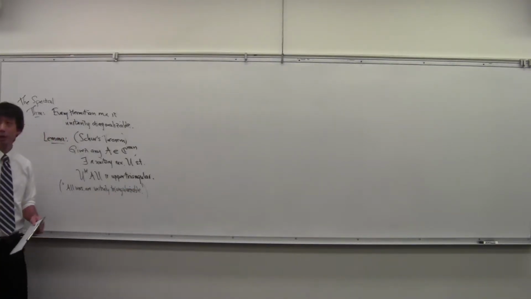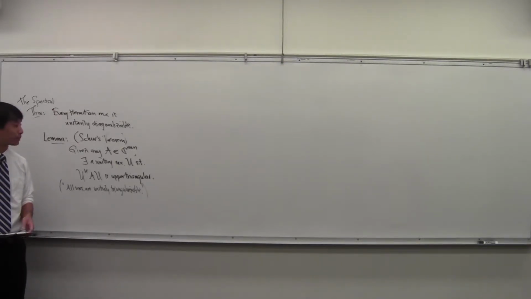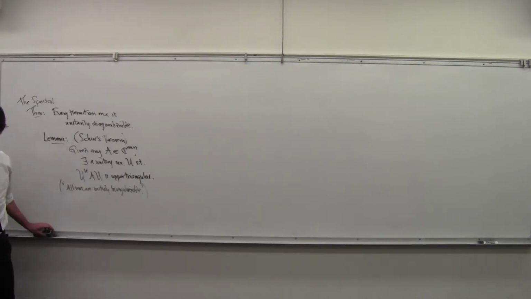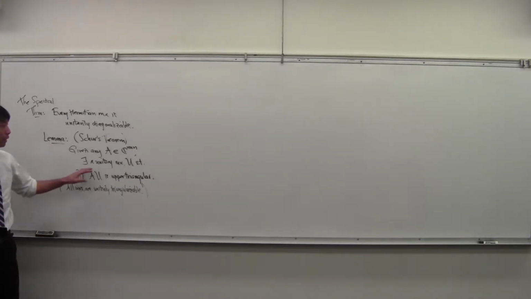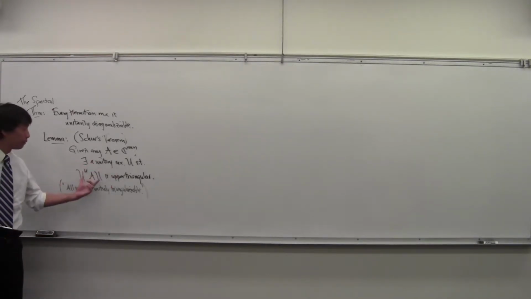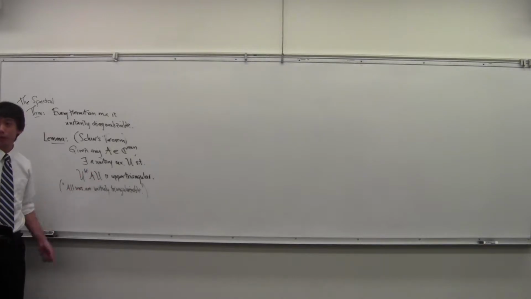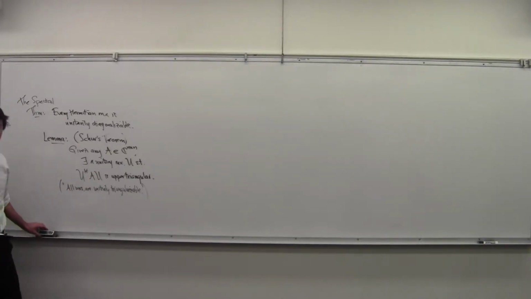I don't think people say that, but that would make sense. You can always get a unitary matrix that, when you conjugate A by it, turns into an upper triangular matrix.